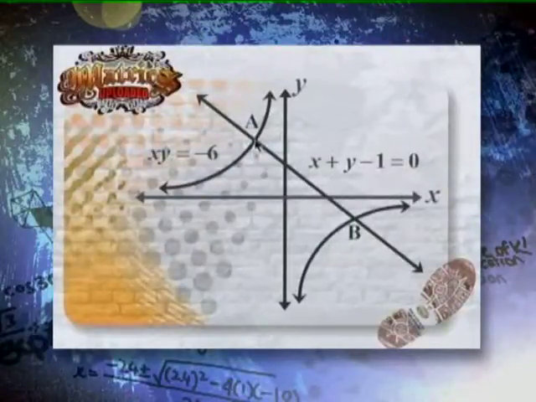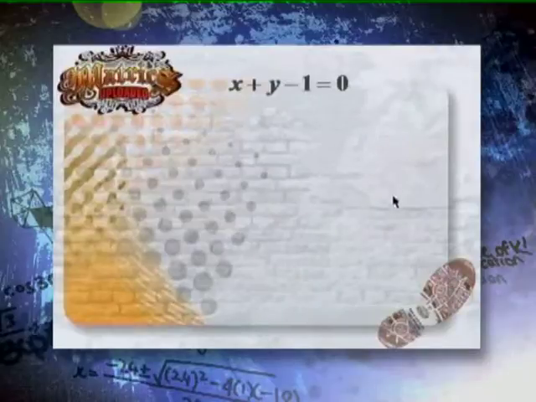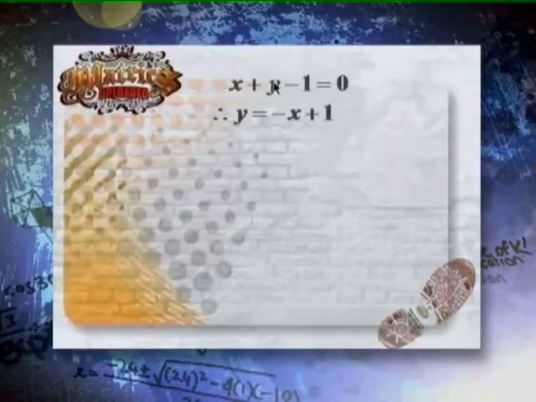Guys, the coordinates of A and B are where the graph of the hyperbola meets the graph of the straight line. So, if you look at this, x plus y minus 1 equals 0 is the straight line, and y equals negative x plus 1. What we did here, we just got y by itself.